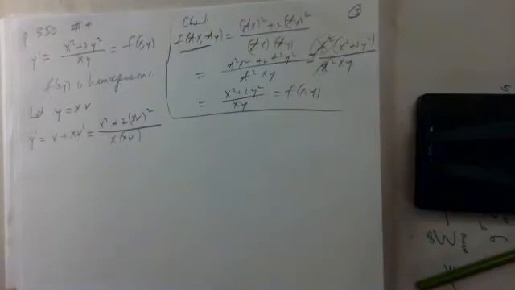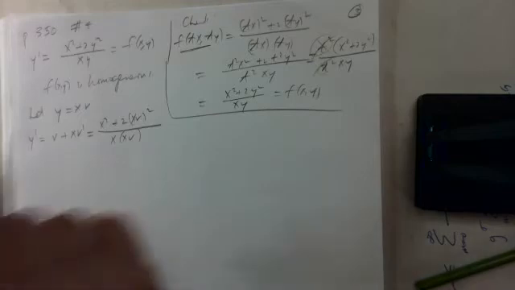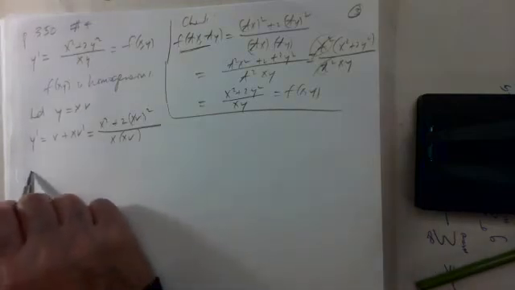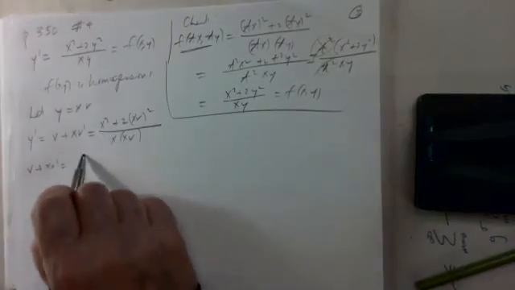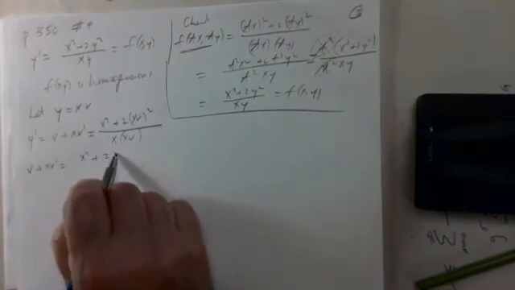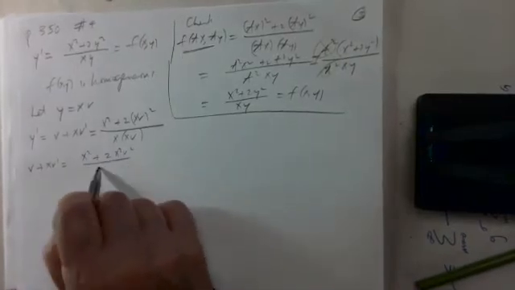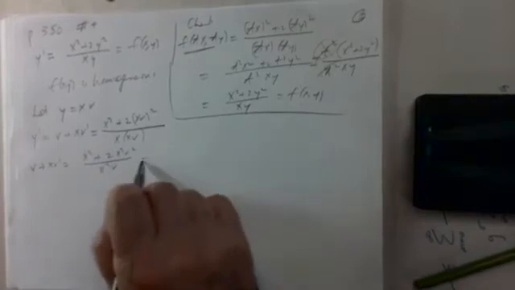That's equal to x squared plus 2y squared, which is x v squared, over xy, which is x times xv. So I substituted that in. And you'll notice, so this is v plus x v prime equals, I have x squared plus 2x squared v squared over x squared v.